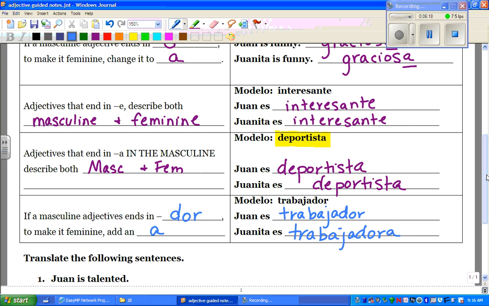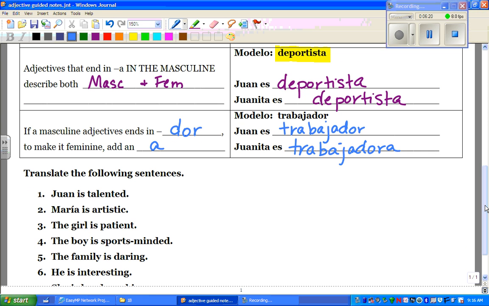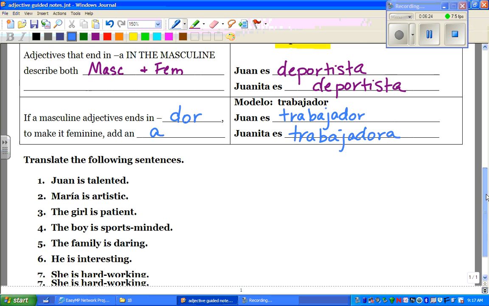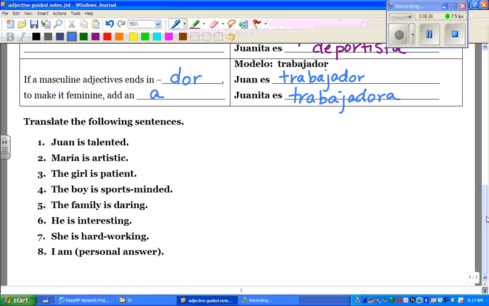All right, let's look at the first one down here then. Translate the following sentences. So the one thing that you need to know is the word is. There's two words, I am and he or she is. How do you make it I am? Nope. I am would be yo, if you want yo, soy.